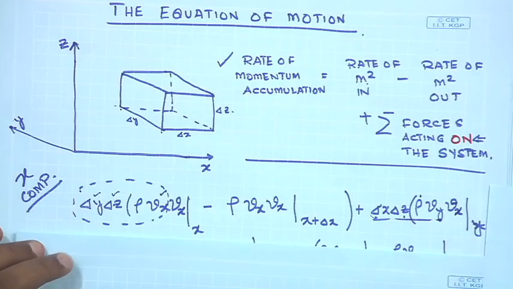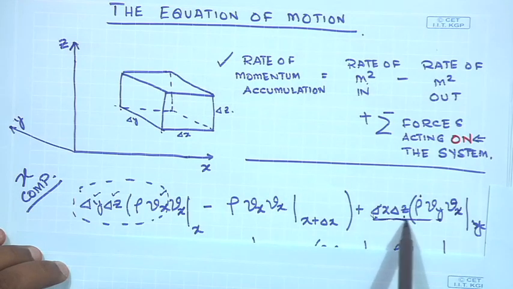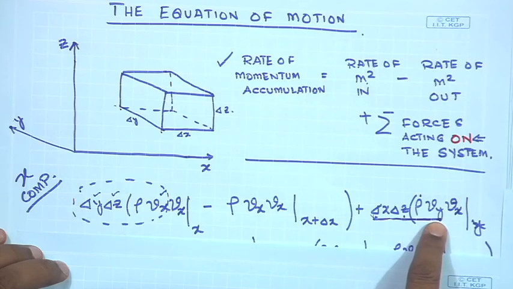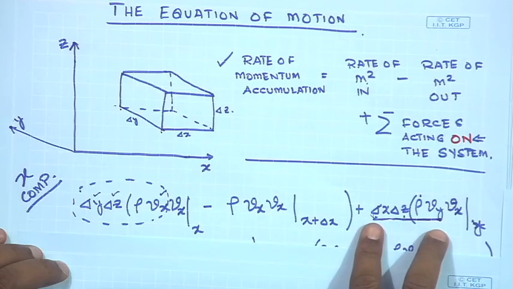I will go through it once again. The underlined terms simply tell you the mass which is entering the control volume through the y face having area del x del z, and this mass of fluid has an x component.